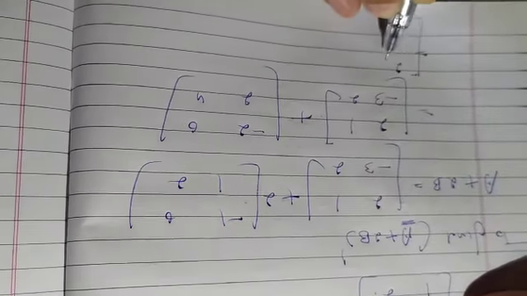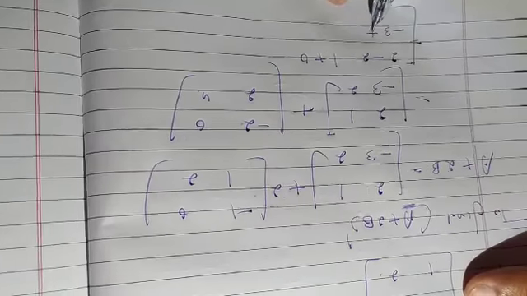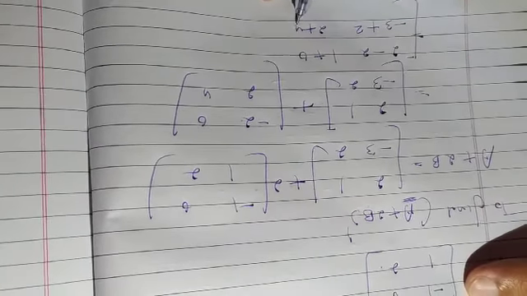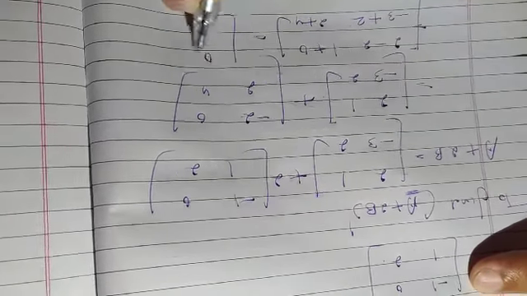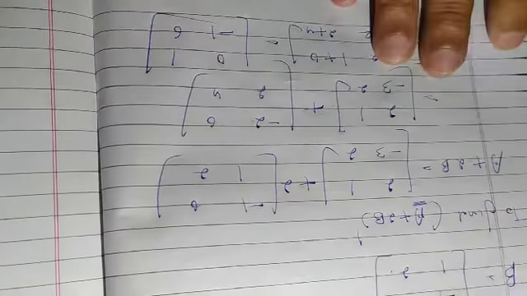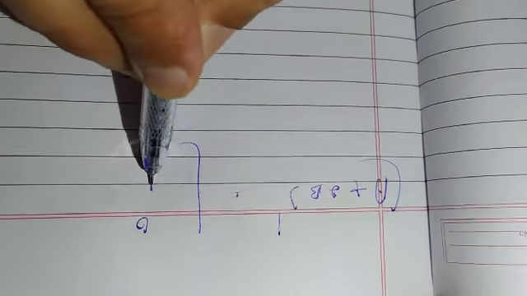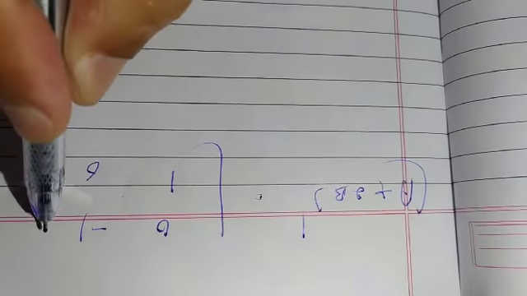So A plus 2B is 2 minus 2, 1 plus 0, minus 3 plus 2, 2 plus 4, which is 0, 1, minus 1, 6. A plus 2B transpose becomes 0, 1, minus 1 and 6.